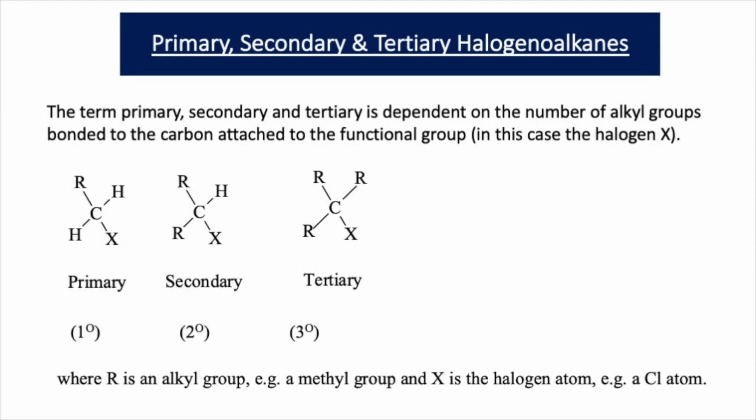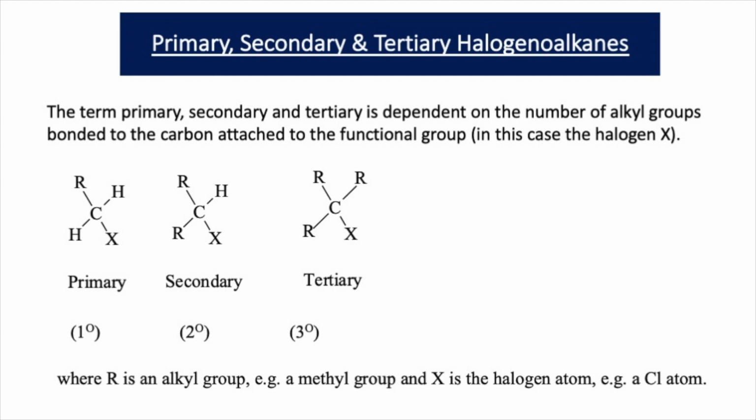Now with halogenoalkanes that have 1 halogen atom present, it's useful to be able to classify them as either primary, secondary or tertiary halogenoalkanes. And the term primary, secondary and tertiary is dependent on the number of alkyl groups bonded to the carbon atom attached to the functional group, in this case the halogen.